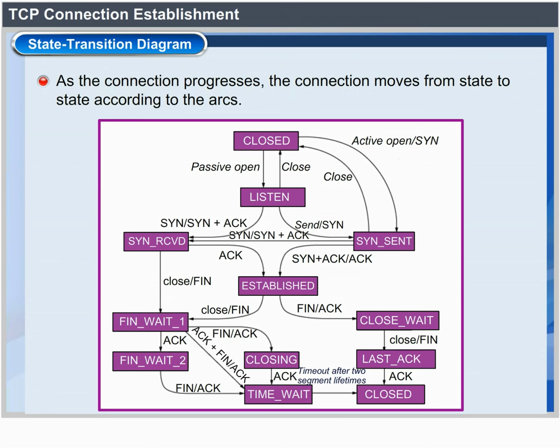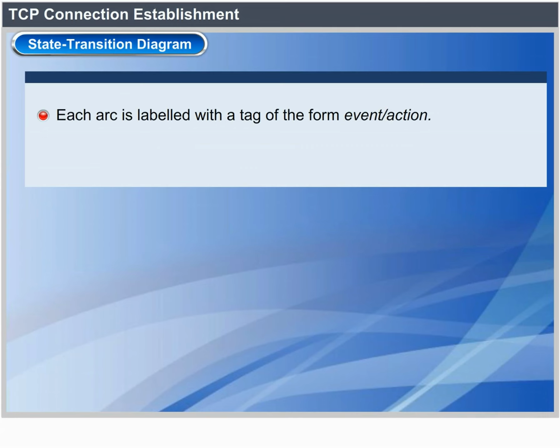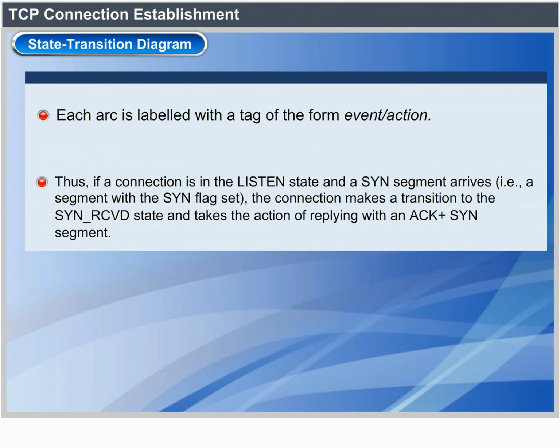Each arc is labeled with a tag of the form event/action. Thus, if a connection is in the listen state and a SYN segment arrives, that is, a segment with the SYN flag set, the connection makes a transition to the SYN_RCVD state and takes the action of replying with an ACK plus SYN segment.